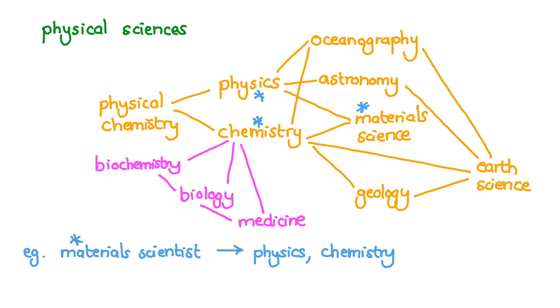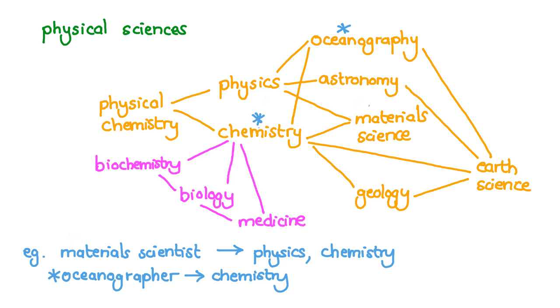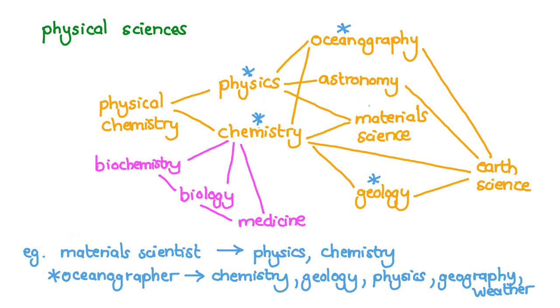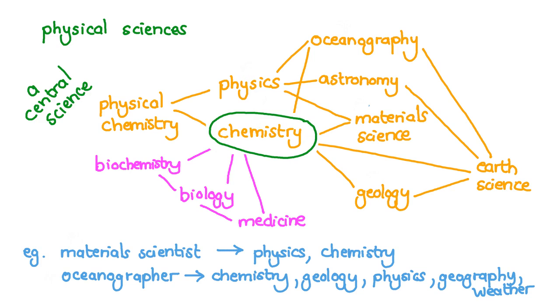For example, a materials scientist would need knowledge of both physics and chemistry, while an oceanographer would need an understanding of chemistry, geology, physics, not to mention other science topics not listed here, like geography and meteorology, which is the study of weather. I hope you are starting to see that chemistry really is a central science.